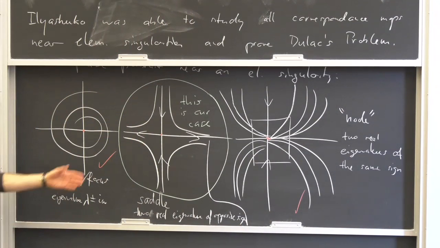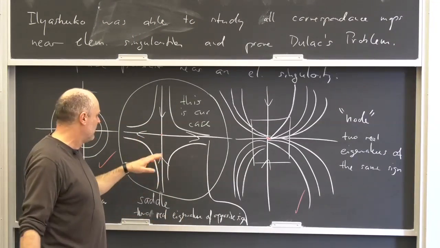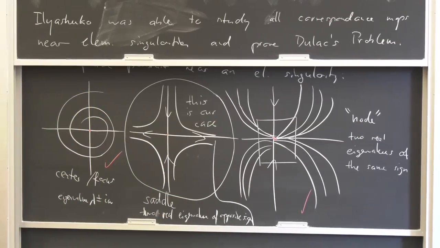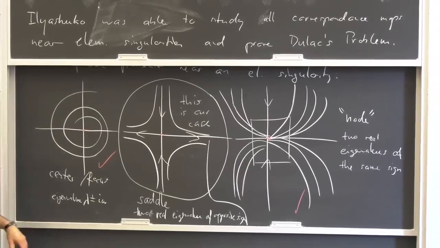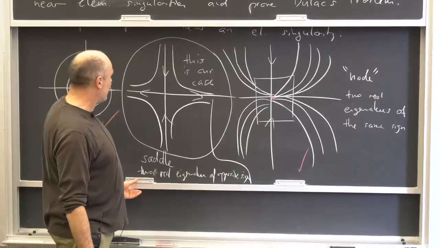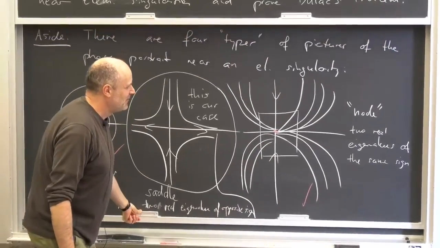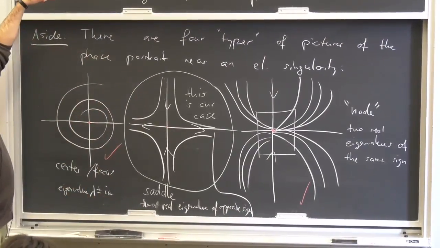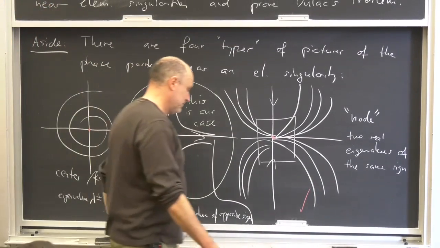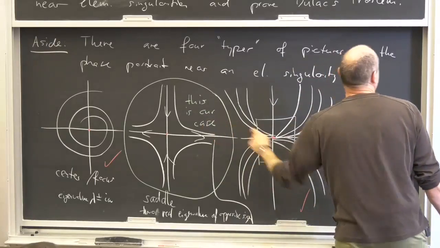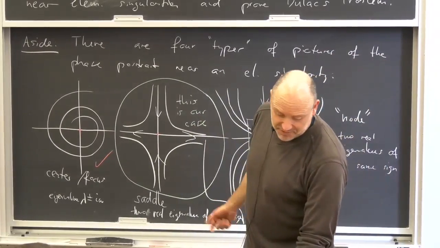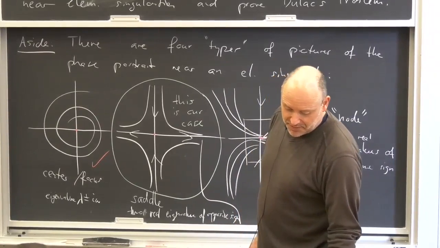This saddle case is called the hyperbolic singularity. I do not know about the o-minimality of these maps there yet. So I will tell what I know, and in that other case, even less. So that's the case I'm going to be focusing on for the rest of the whole course.